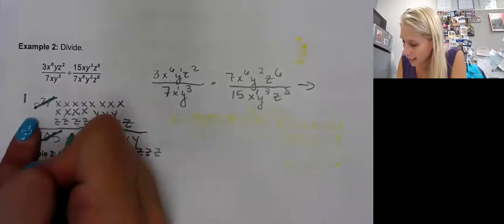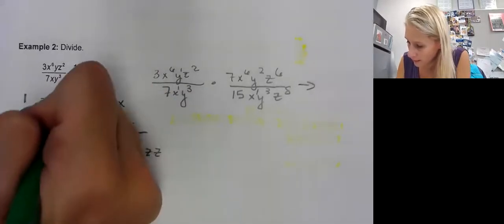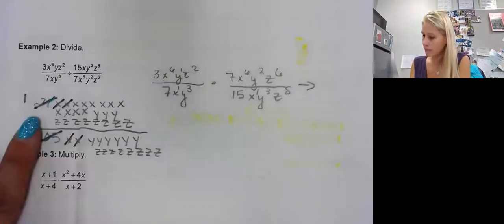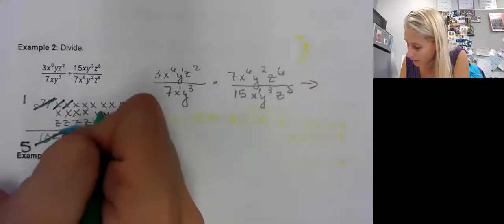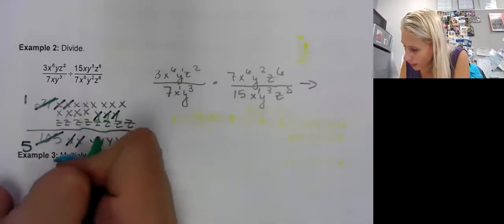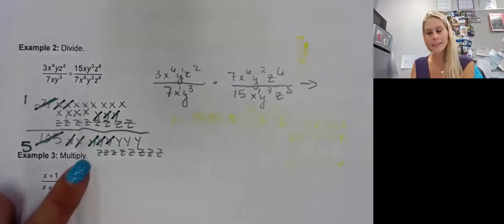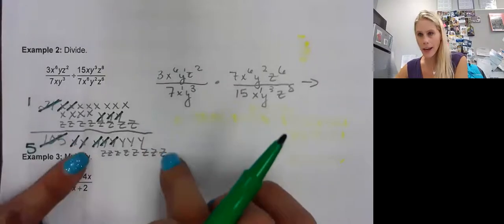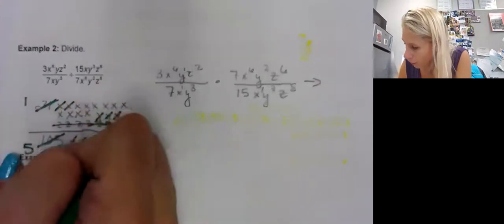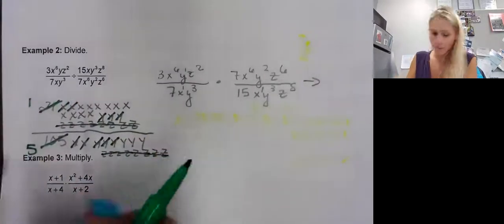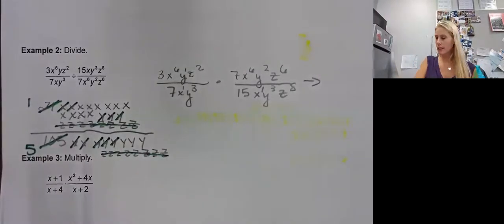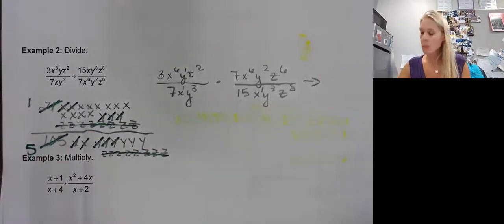Now, x's, I have 2 down here that I can get rid of with 2 up here. Y's, I have 3 up here, and I can get rid of 3 down here. And what happened to all of our z's, guys? There's 8 up here, 8 down here, so they're gone. And let's finish this up. Do you have to put 1?